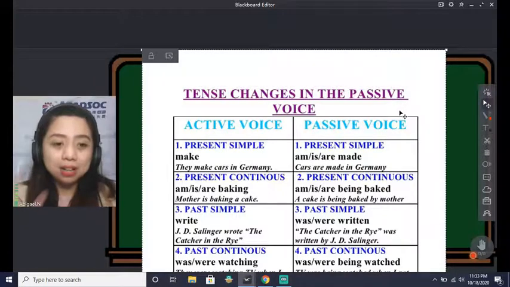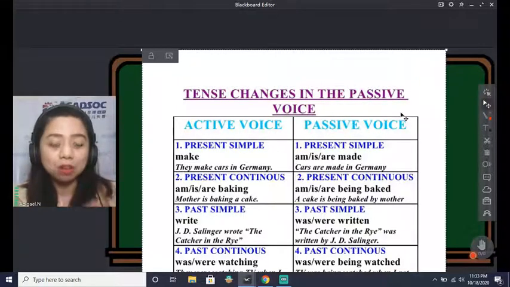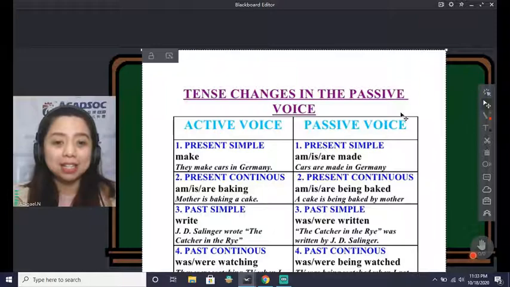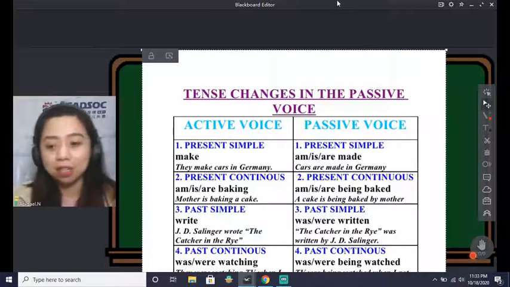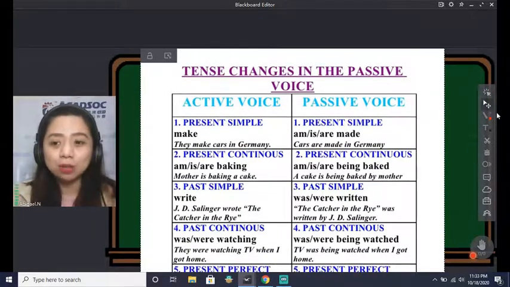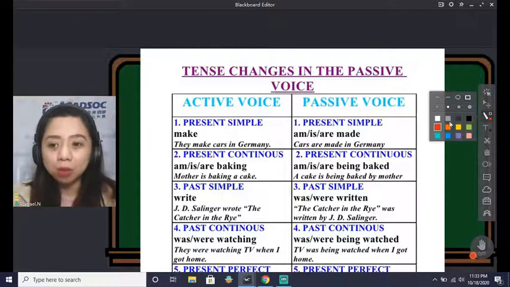You cannot change the sentence in active voice if you are not familiar with English verb tenses. And that is really complicated for some. But with these rules before you, I'm sure after this video, you can make your own sentences in active voice and passive voice, right?